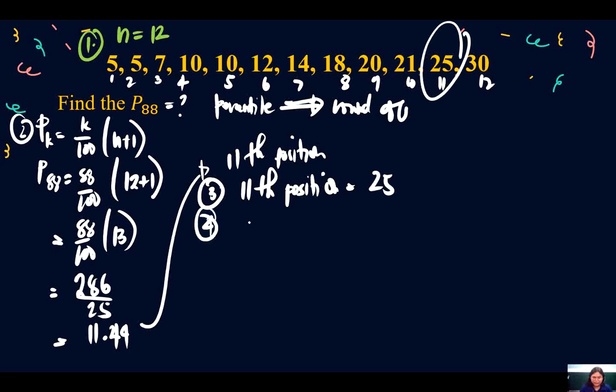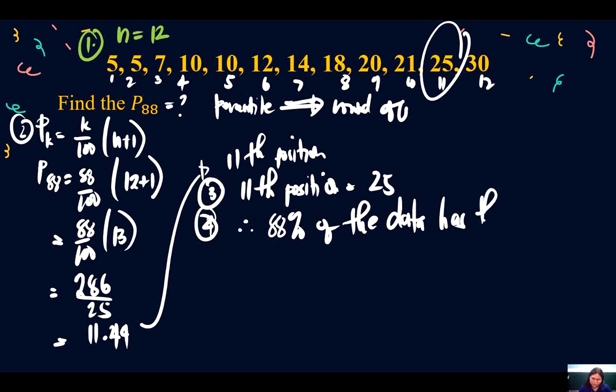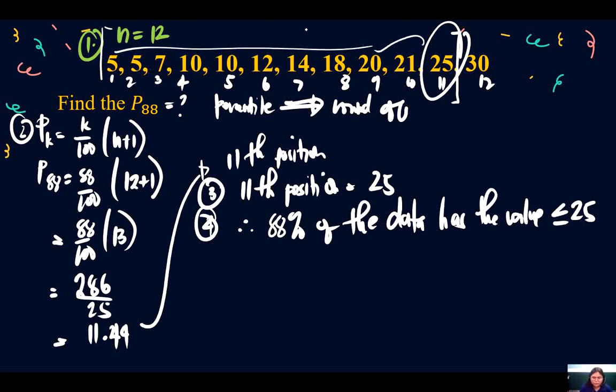So, sa ating interpretation, therefore, we're looking for the 88th percentile. So, 88% of the data has the value of less than or equal to 25. So from here to here, diyan naglalaro yung score ng 88% ng population.